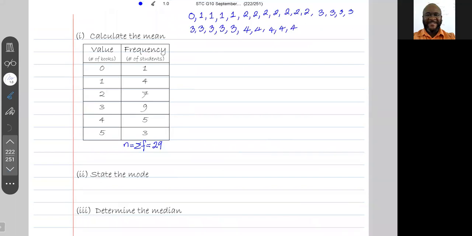Up here, they're asking us for the mean. Guys, if you have an ungrouped frequency distribution, and you're asked for the mean, you have to put in a column called fx. Now, fx stands for frequency times value.